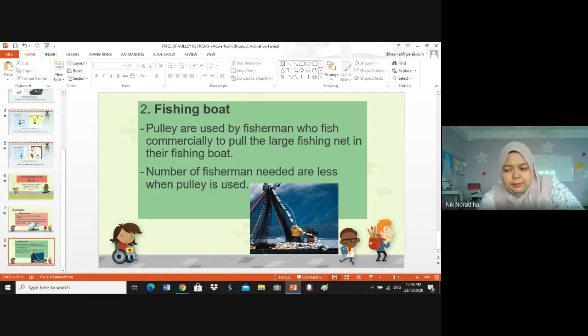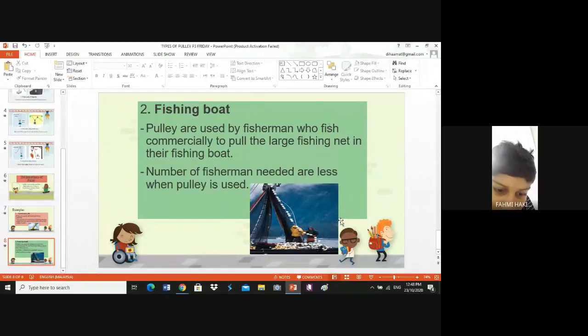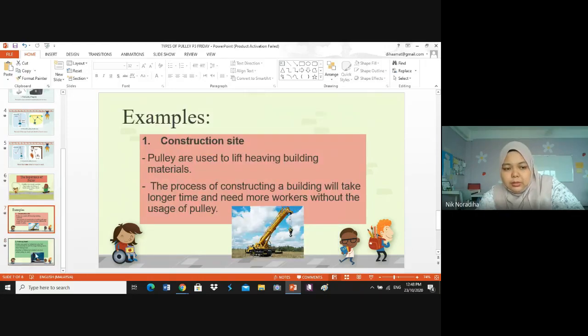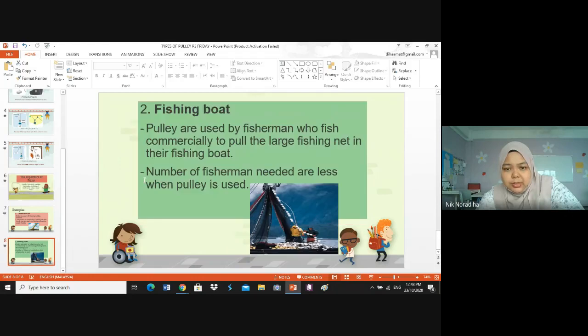The photo we already have in our book on the fishing boat. Yes, this one teacher already showed you before, okay? But I'm showing you again so that you can recap what we have learned before this. The construction site I already showed you before as well. This one is the fishing boat, okay?